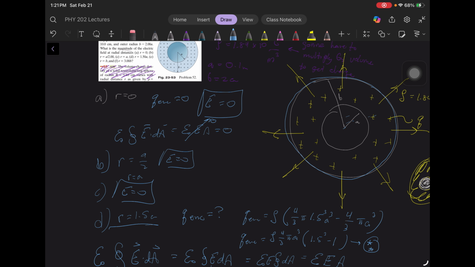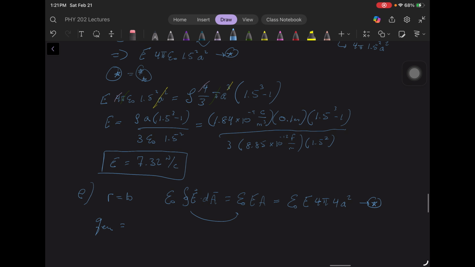And so we can say Q enclosed is just rho times (V_b minus V_a). That's the total volume minus the hollow core once again. And so we can say it's rho times 4/3 pi b cubed.